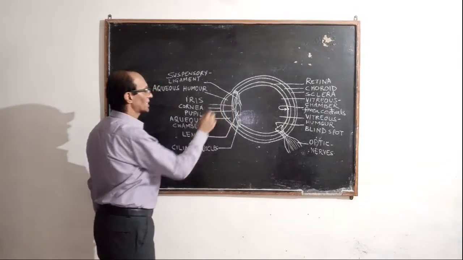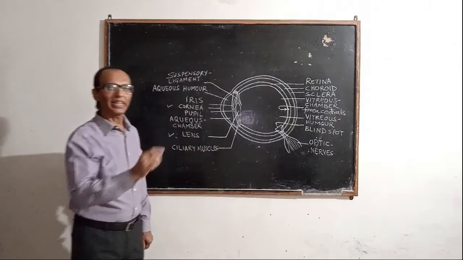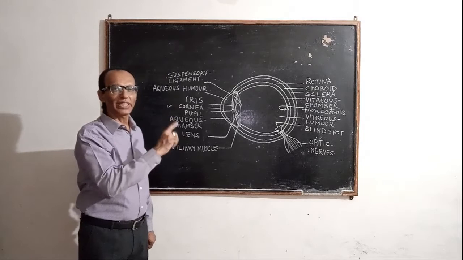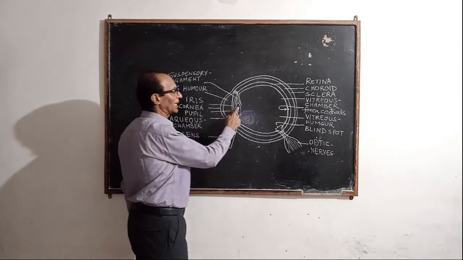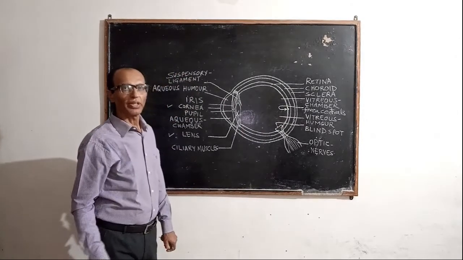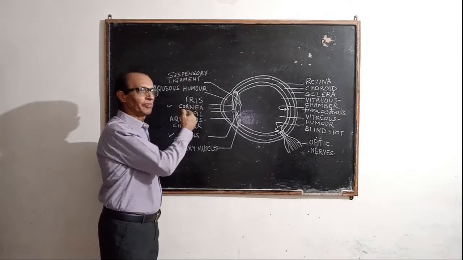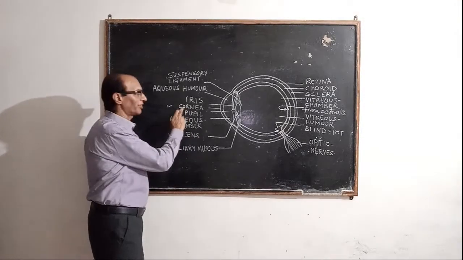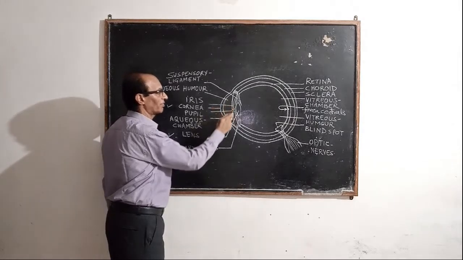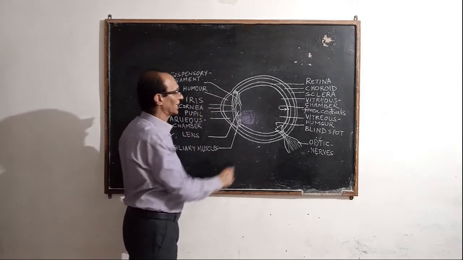Next part is the lens. The lens again refracts the light, and mainly it focuses the image on the retina. The light has already been refracted by the cornea. Remember that the cornea refracts the light, and then the aqueous chamber, which contains aqueous humor, is also going to refract the light.